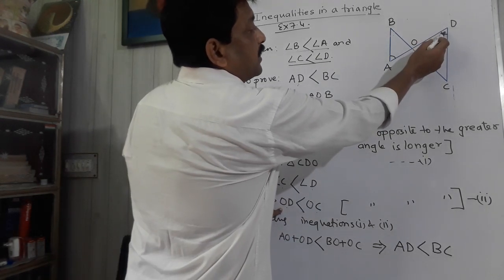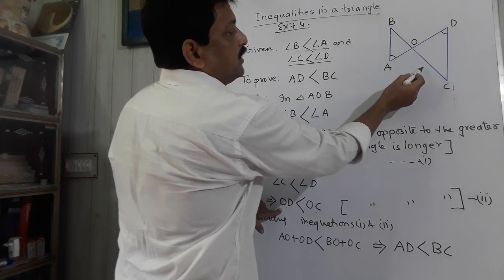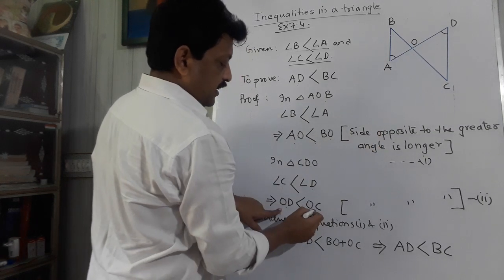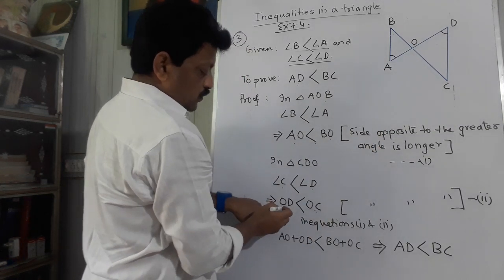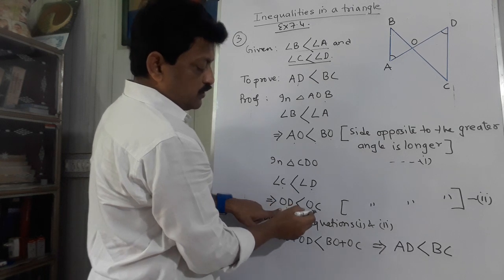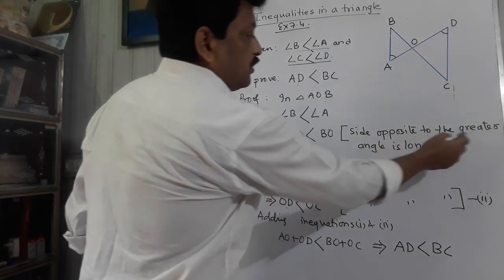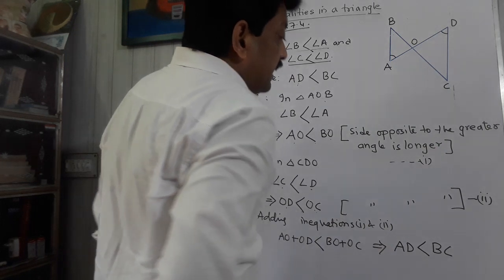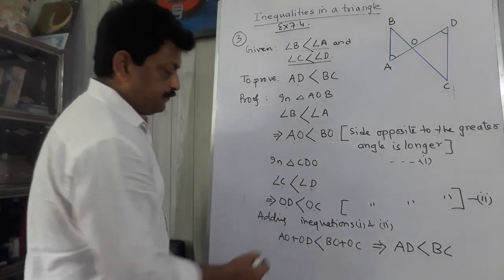Angle D is greater, so the side opposite to angle D is OC, so OC is greater. There we have used the theorem: side opposite to the greater angle is longer.